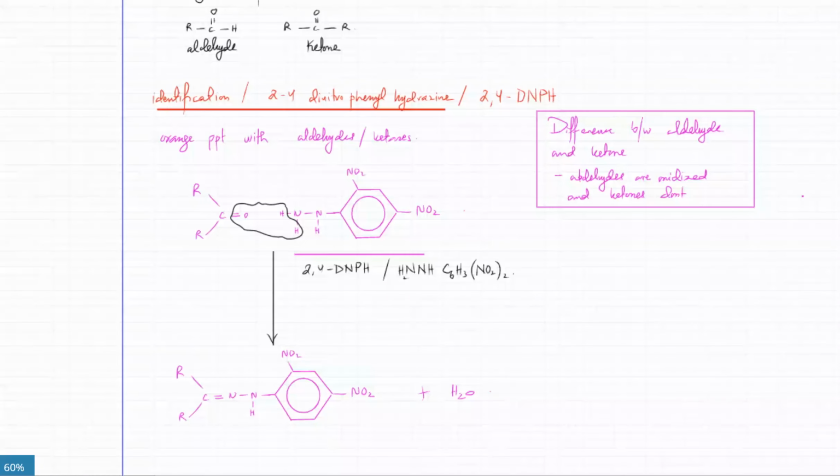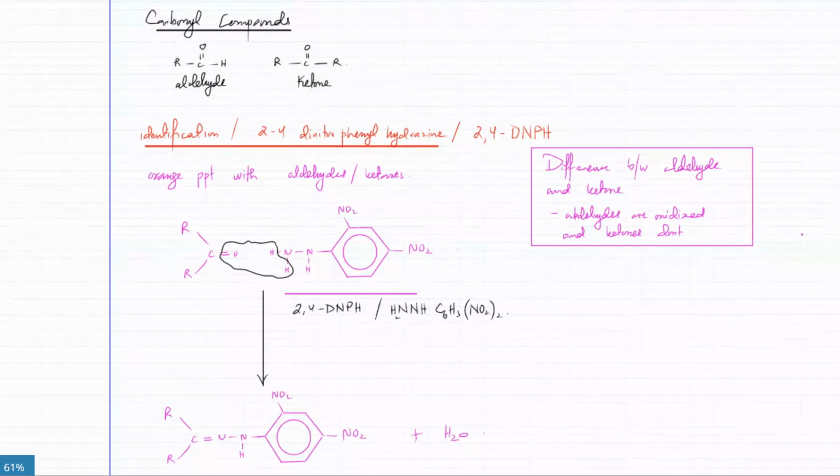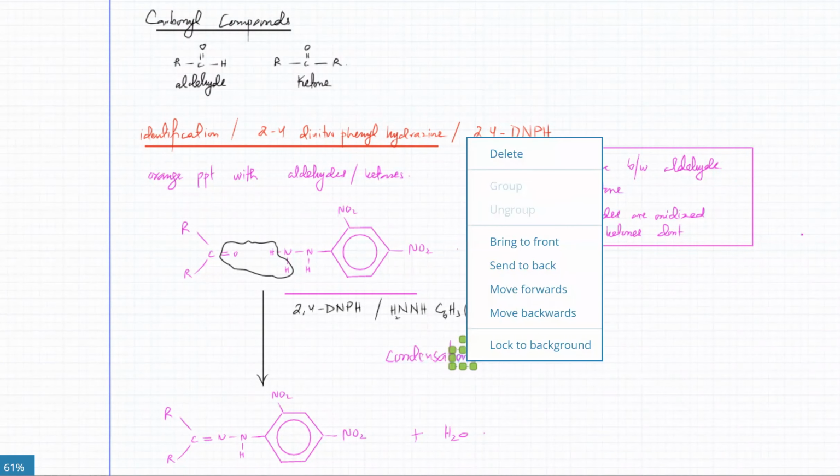I told you most of the time they're not going to ask for the reaction, but this is a type of condensation reaction. We hadn't written it here, but I'll add to this. Okay, it's a condensation reaction because a water molecule is produced.